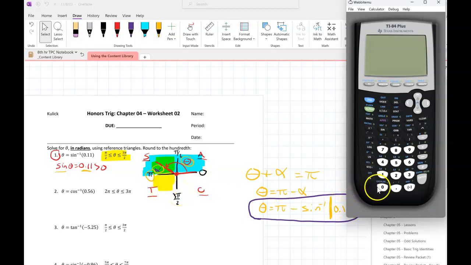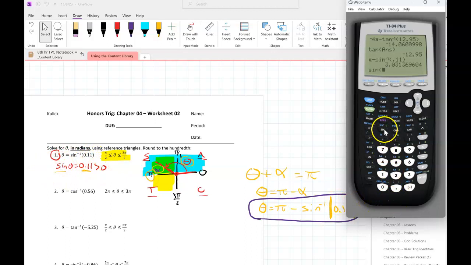Let me show you something else about this type of problem. There's no reason to ever get one of these wrong. They are all checkable, and it's a really easy check. All I'm going to do is plug theta into this equation and make sure I get 0.11.